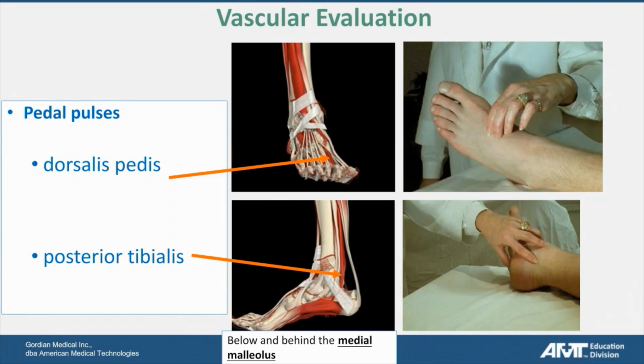The artery that goes to the heel is the posterior tibialis, which is below and behind the medial malleolus. So you do want to check this artery. To be honest, no vascular examination or lower extremity examination is complete without doing pedal pulses. Just don't rely on your plan of care to be complete if you only do pedal pulses. It doesn't give you enough information to know what you're dealing with.